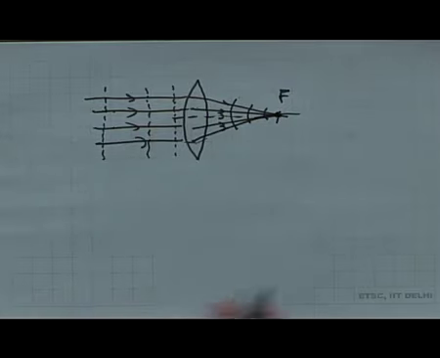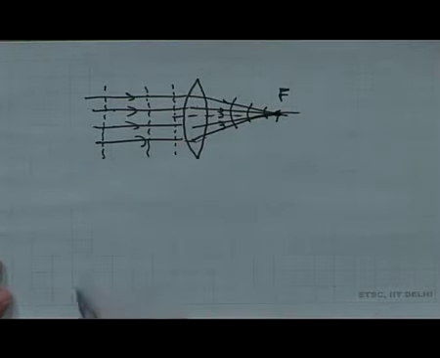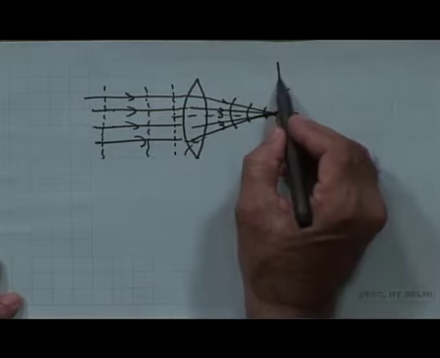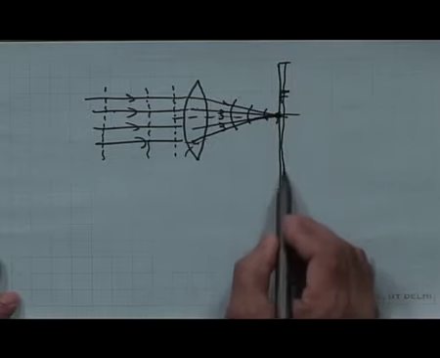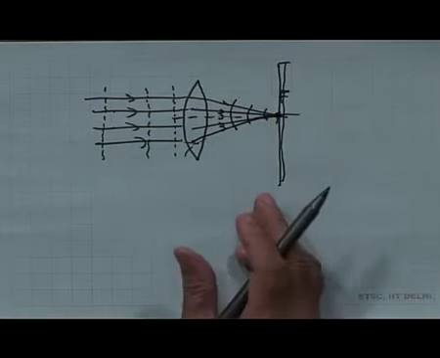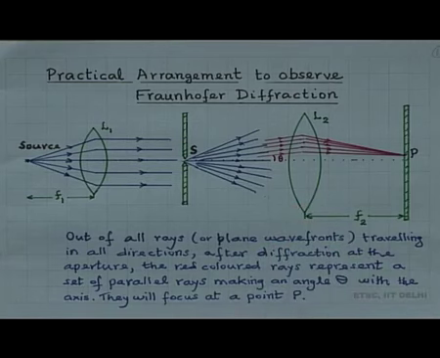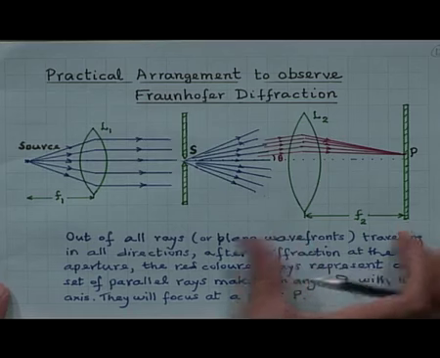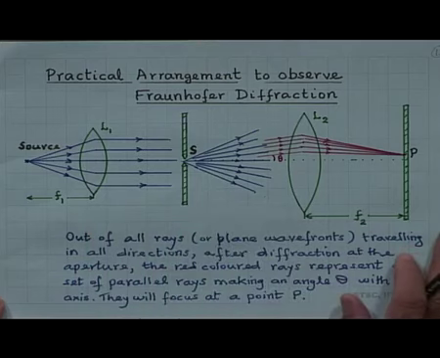That is the meaning of this. Therefore, why do we need this lens? The role of the lens is to bring the intensity pattern onto a common screen which is quite close. So, the role of this lens in the case of Fraunhofer diffraction is to bring the intensity pattern onto a screen at a practical distance in the laboratory where we can perform the experiment.